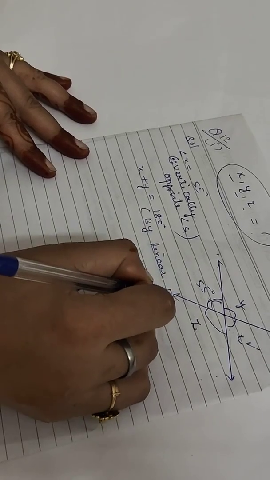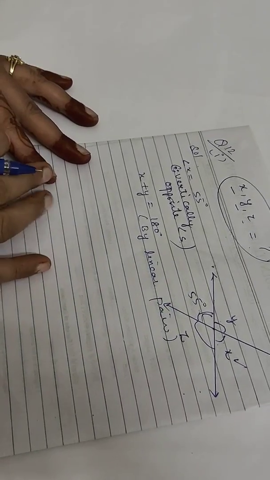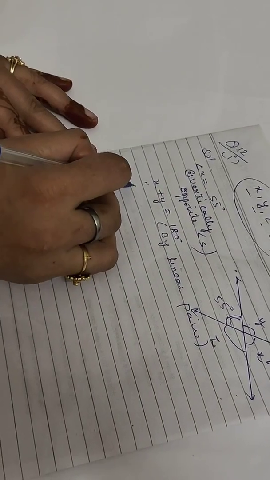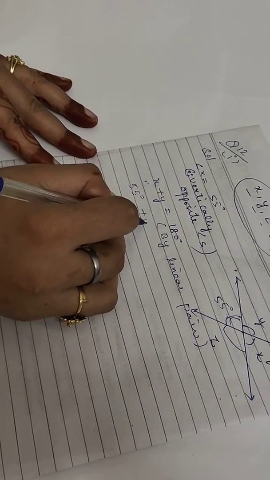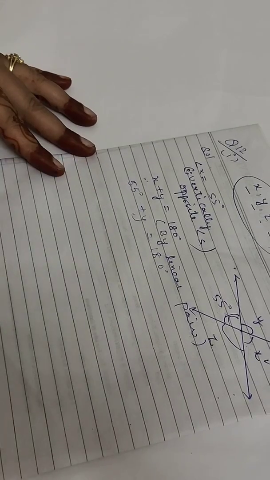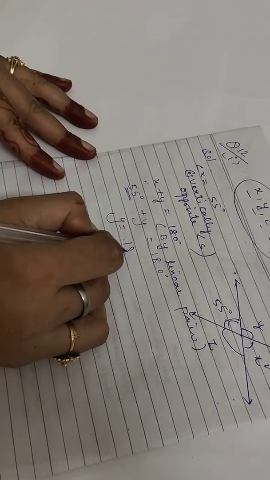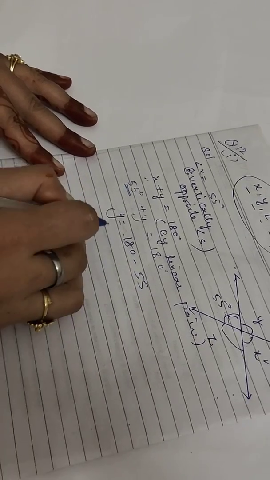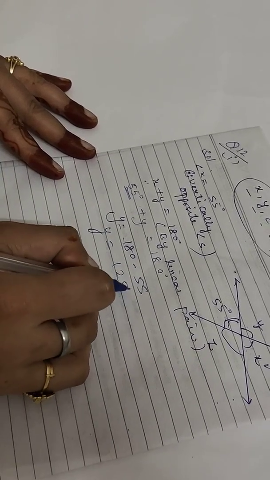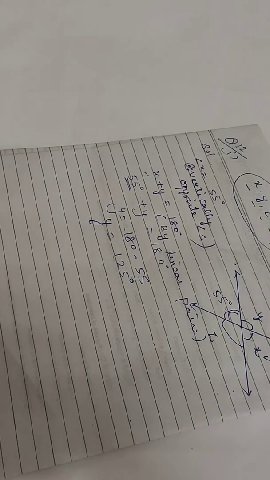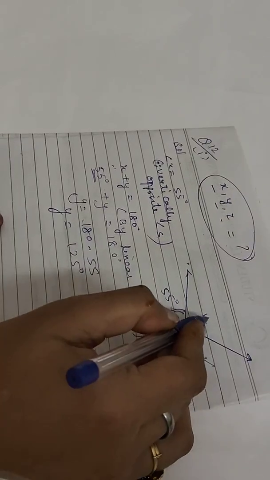By linear pair, I am writing. Fine. Now, here is the value of X, we can put the value of X and write the equation again. Now, just transpose 55 to the other side, and after solving, the answer will be 125 degrees. Okay, now Y is also done.